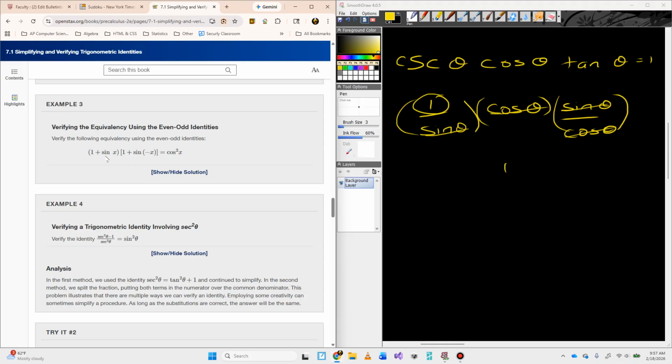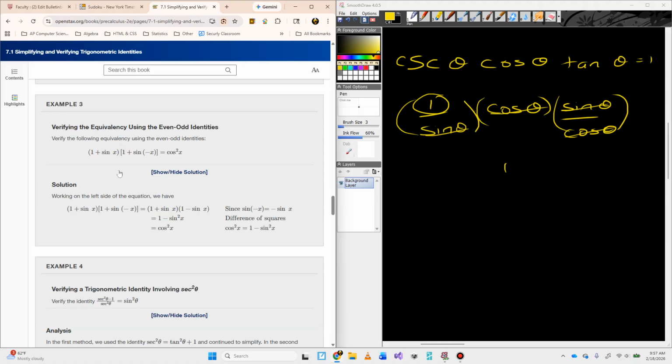So this 1 plus sine of negative x can be rewritten as 1 minus sine x, because I'm using this particular odd identity. Sine of negative x can be written as negative sine of that same angle, but now it's the positive angle.